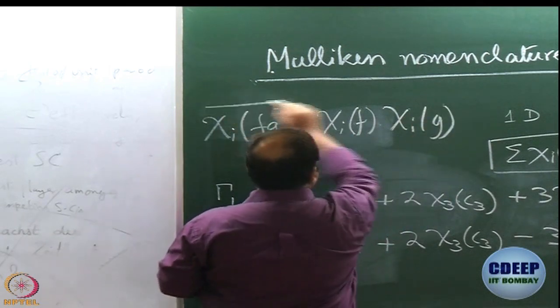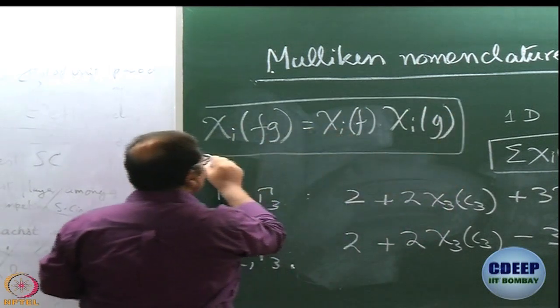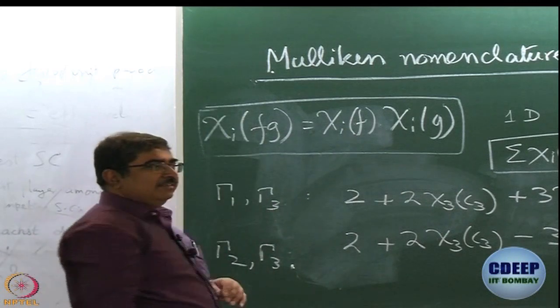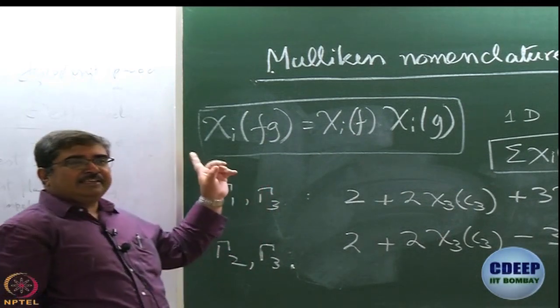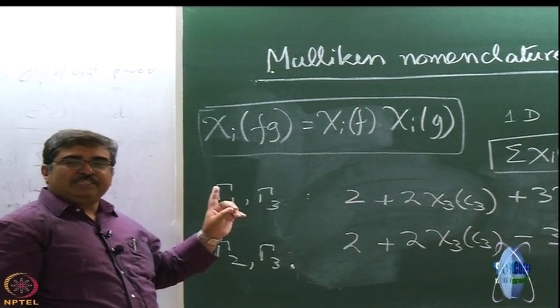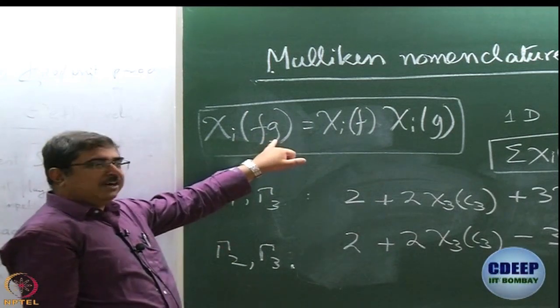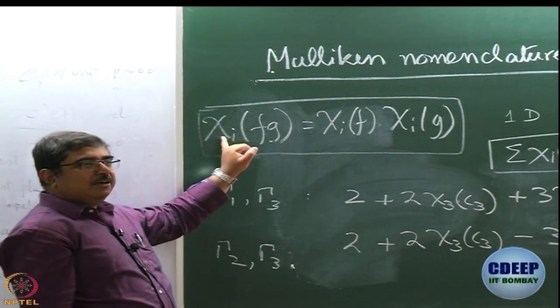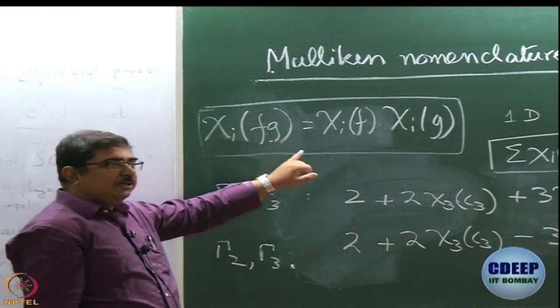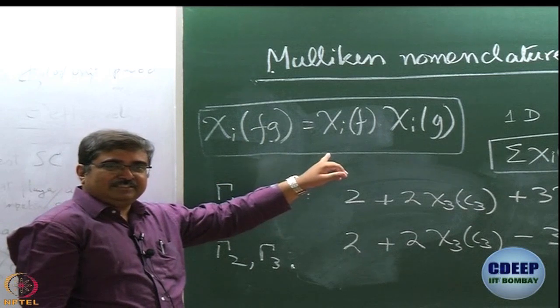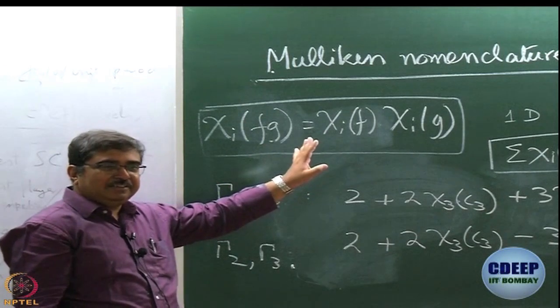Well, derivation is not even required for this, it kind of comes from common sense. Chi i, the character in the ith irreducible representation, for a product of two functions, the character of a product is equal to the product of characters. That is what we are using.